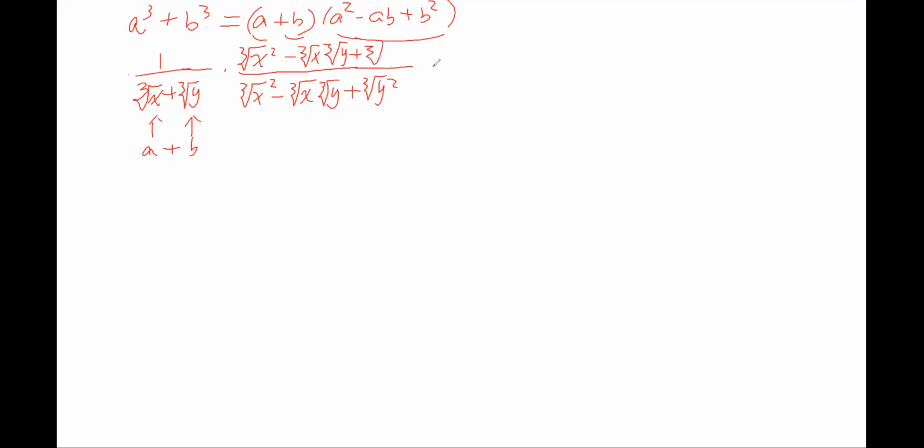Now you see that the bottom is a squared minus ab plus b squared. So when you multiply these two, you get a cubed plus b cubed. That's just x plus y. Do you agree? And the numerator becomes this.